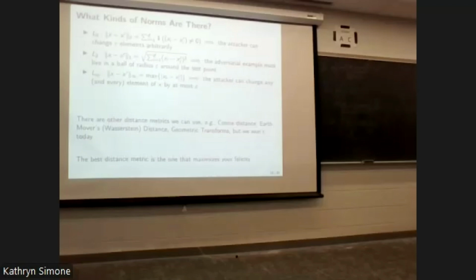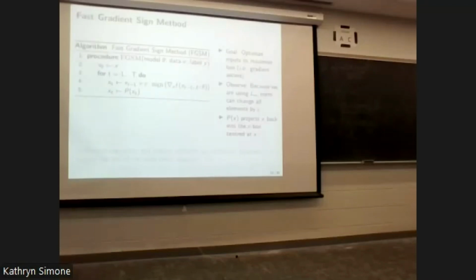There might be a right one, depending on your application, depending on what your oracle is. There could very well be a distance metric that does capture what similarity means under that oracle. But there isn't a right answer a priori that this is the best one to use all the time.